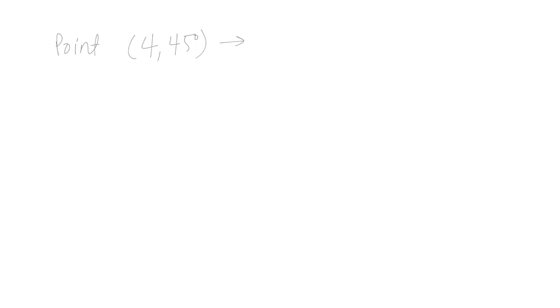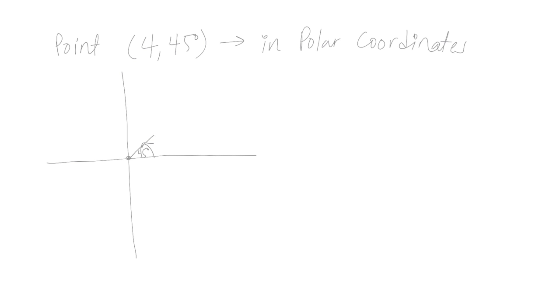This is in polar coordinates. I would start at the pole, go to 45 degrees, which is about here, and go out 4. So this point here would be the point 4, 45 degrees in polar coordinates.